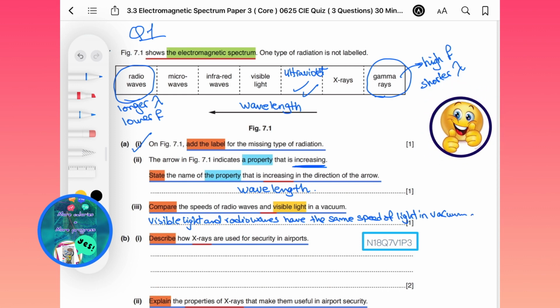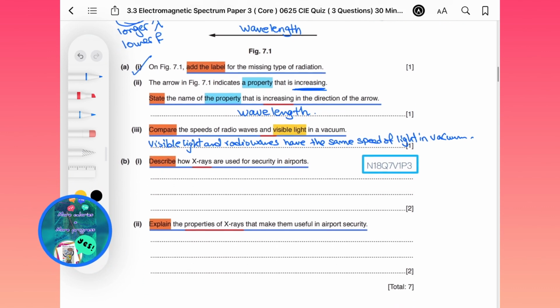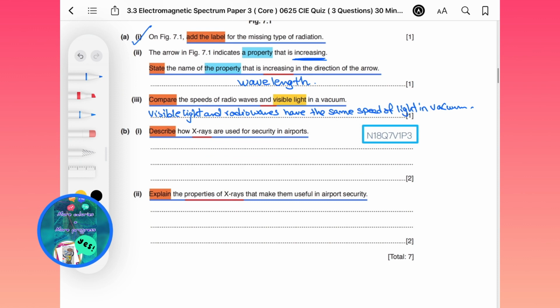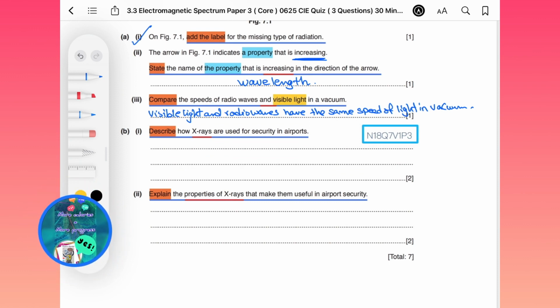Describe how X-rays are used for security in airports. This question is very important, and its second part also. Okay, X-rays, they are ionizing radiation which is used to scan passengers and luggage.